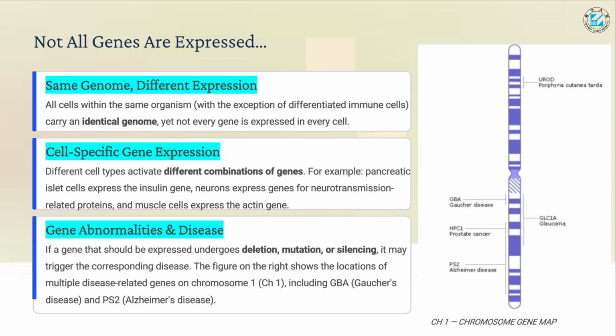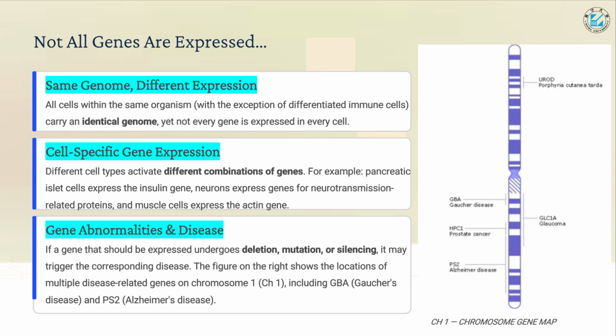A dominant allele can produce a trait even when only one copy is present. A recessive allele usually requires 2 copies for the trait to be expressed. This concept is fundamental for understanding inheritance patterns such as autosomal recessive and X-linked inheritance.